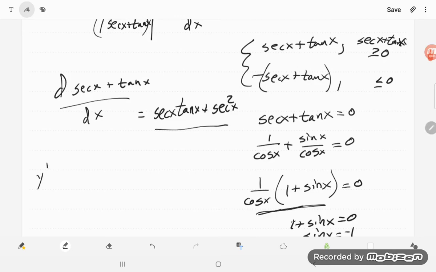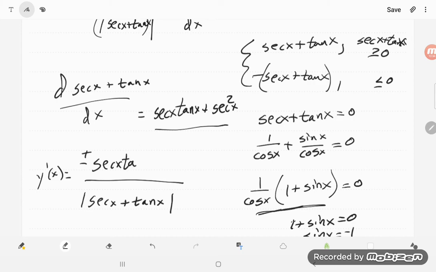Right? We've got y prime of x is equal to, our denominator is the absolute value of secant x plus tangent x. And the numerator is either going to be a plus or a minus secant x tangent x plus secant squared x.